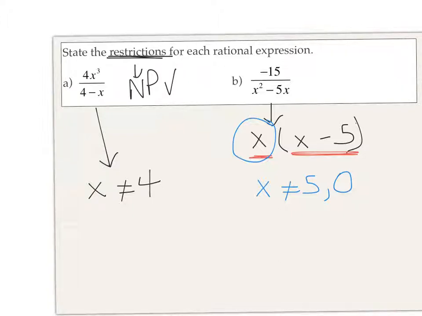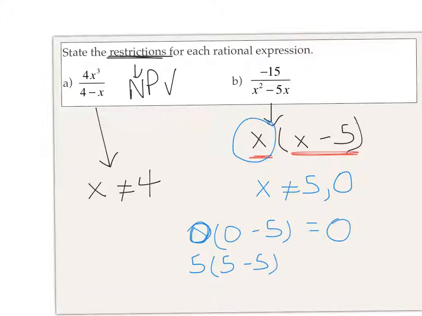The reason for that is because, think about this: this means x times x minus 5. If I plug 0 in, 0 times 0 minus 5, well, anything times 0 is 0. So that's 0. If I plug 5 in, I have 5 times 5 minus 5, which is 5 times 0, which is also 0.